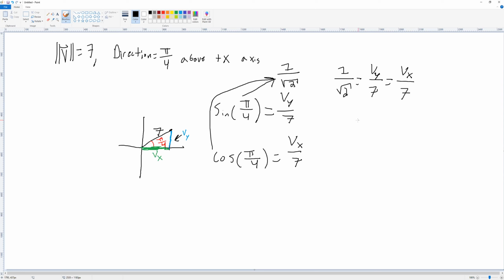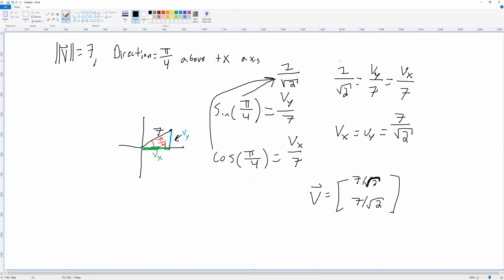So you can see that Vx equals Vy, which equals 7 over root 2. And so our final answer for V is going to be 7 over root 2, 7 over root 2. And that's all there is to that one.